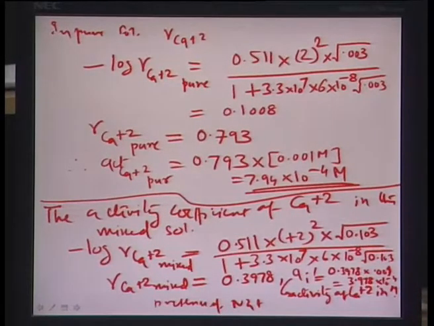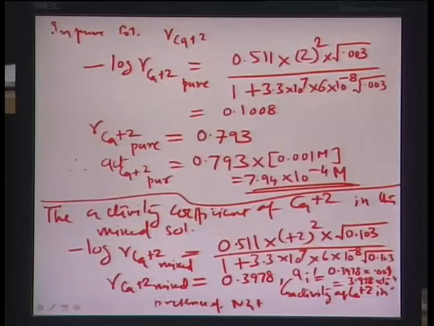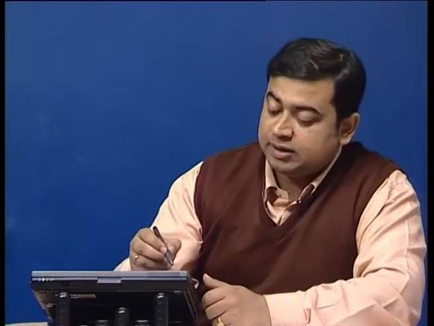So, going to the second part of the problem, let us find out what is the Aj value, the J in this case being the sodium ion or Na⁺ ion. The Aj value essentially is the activity of the Na⁺ in the presence of Ca²⁺. Okay. So, we calculate that here.